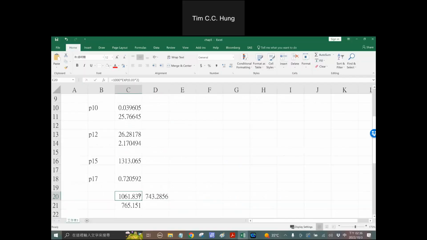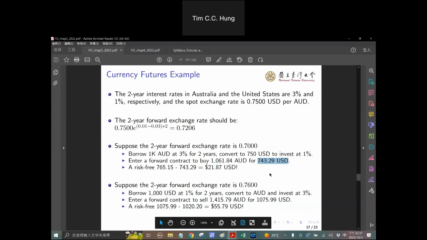We need to pay people back 1,061.84 Australian dollars in 2 years. And through this forward contract, we will be able to buy this amount of Australian dollars for just 743.29 US dollars. But remember, what are we also doing at the same time? We invest our 750 US dollars at a 1% deposit rate for 2 years.